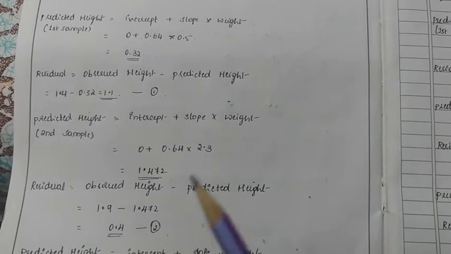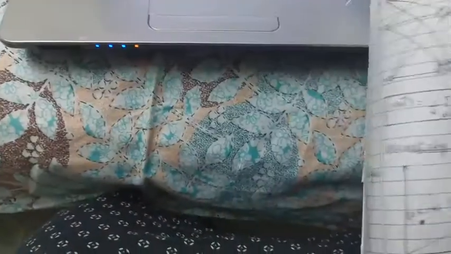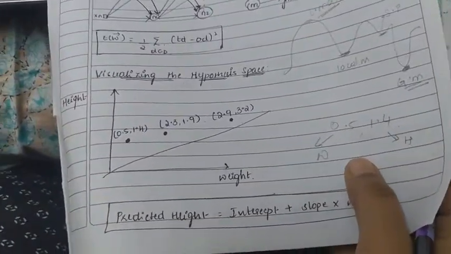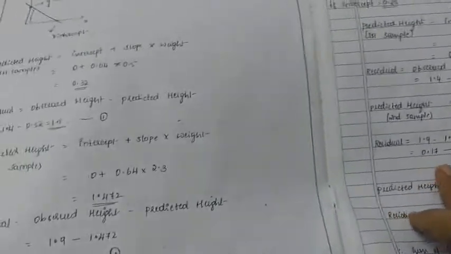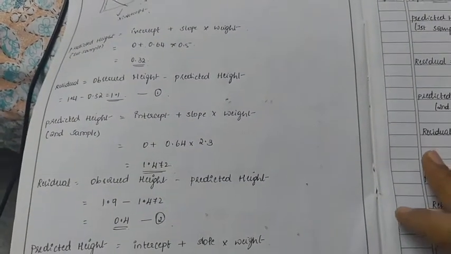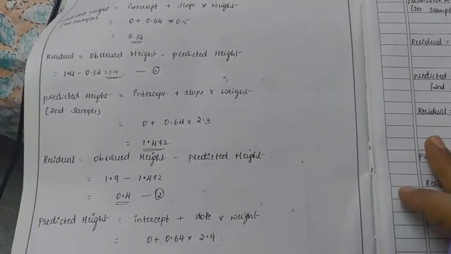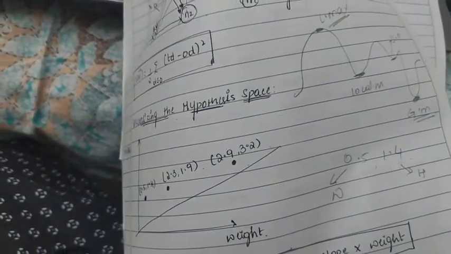Now the same thing has to be done for the second sample. For the second sample, the weight considered here is 2.3. If we do the calculation, we get the predicted height for the second sample as 1.42. Next, the residual for that is the observed height, which here is 1.9.